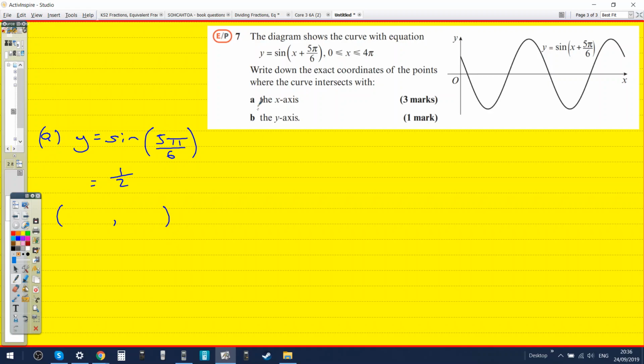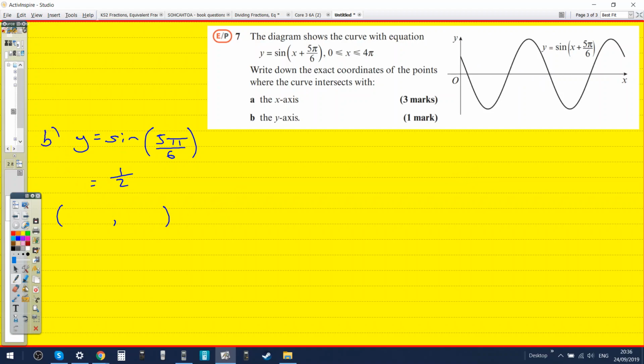What do you know about when x is 0? Where's x 0? Y is 0 along the x-axis. Oh, it's on the y.